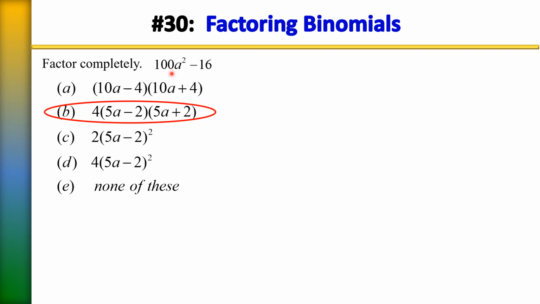And here they do, because 25 times 4 equals 100, and 4 times 4 equals 16. So what is it that they share in common? They share a 4 in common, so we're going to take that out and then write what's left in parentheses.